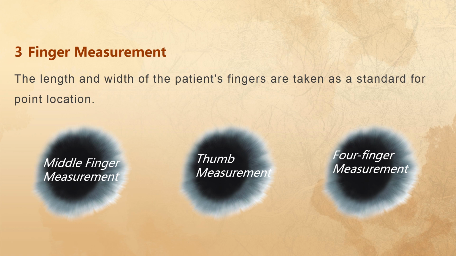Next one, finger measurement. The length and the width of the patient's finger are taken as a standard for point location. The following 3 methods are commonly used in clinical practice.